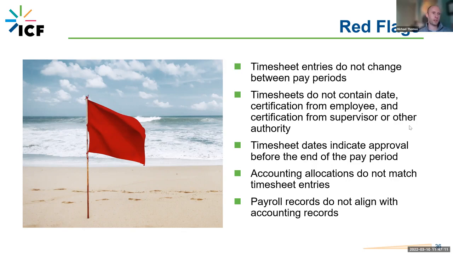And like what I just said, if the payroll records don't align. So all three of those things have to align. Basically, if you take the paycheck and multiply what's on the paycheck by the percentage that you see from the timesheet, that should match up with the accounting record. That's the process.